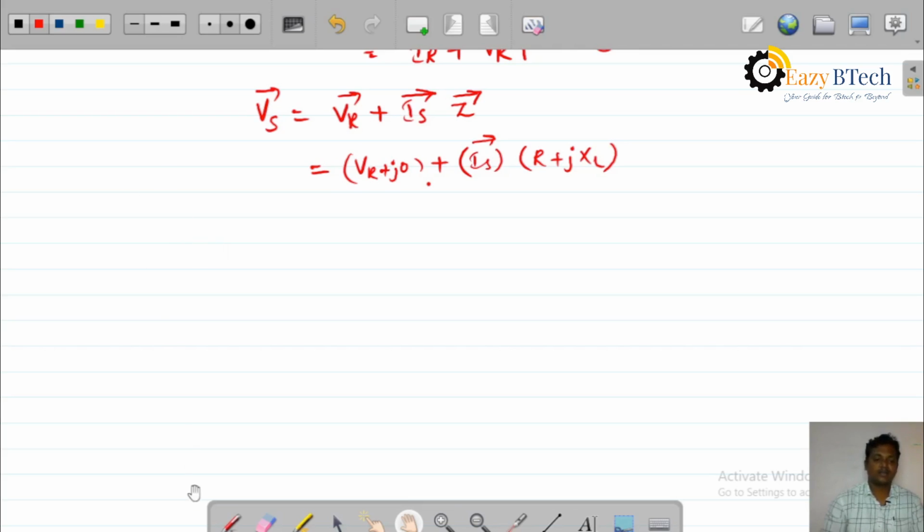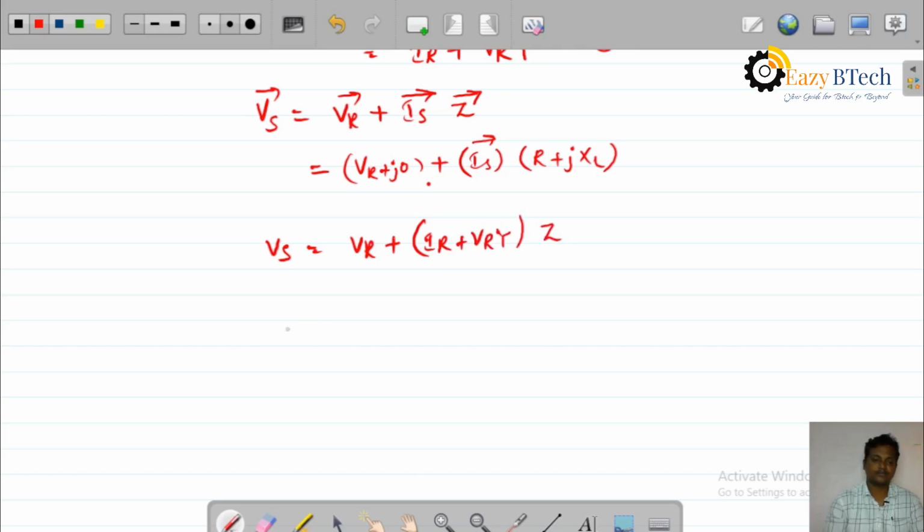Now for the VS vector, if you calculate the ABCD parameters, VS equals VR plus IS into Z, where IS is IR plus VRY.